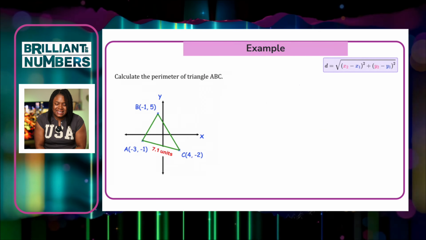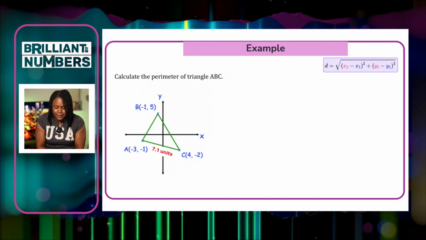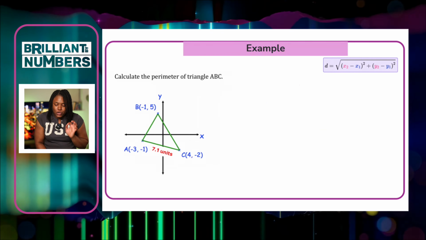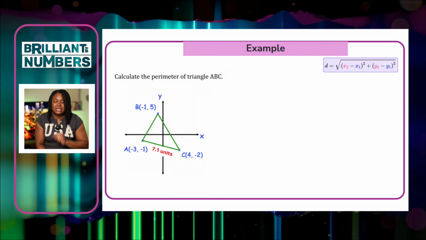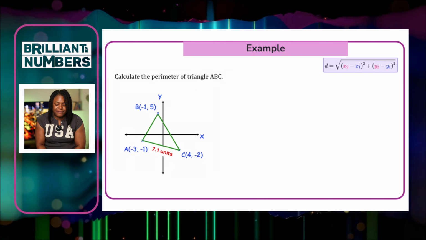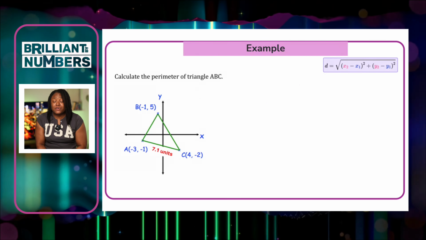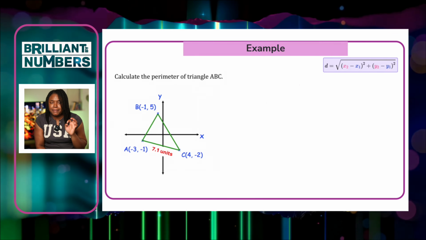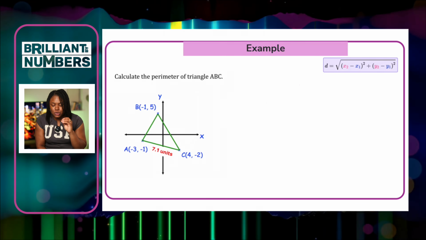Beautiful. So here we're asked to calculate the perimeter of triangle ABC. So if we notice here on the diagram, we're already given one side of the triangle to be 7.1 units. Therefore, in order for us to find the perimeter, remember the prefix peri means around and meter means to measure.